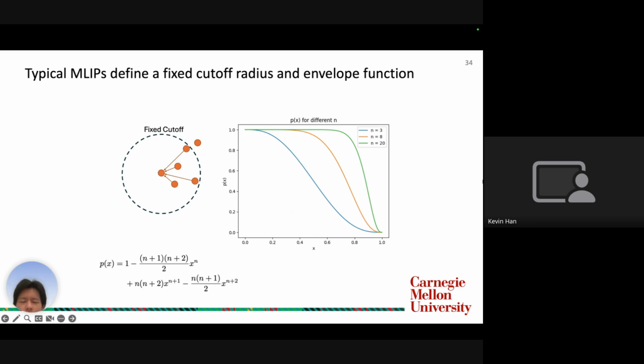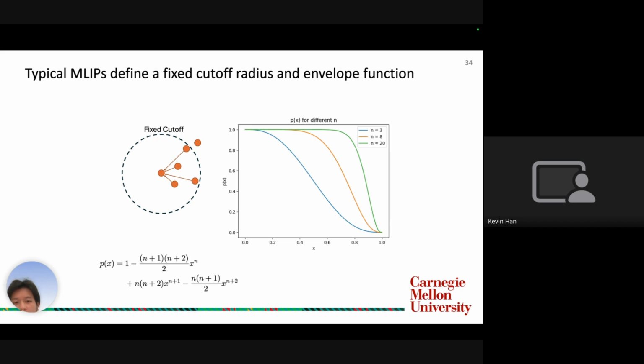The reason people do this is because if this atom were leaving the fixed cutoff during the simulation, and we did not incorporate this weighting function into the messages, there would be a discontinuity the moment this edge gets snapped. This is just because graphs are discrete structures.